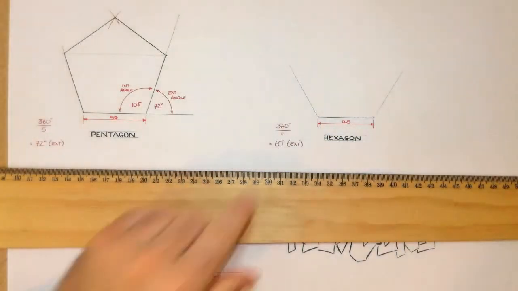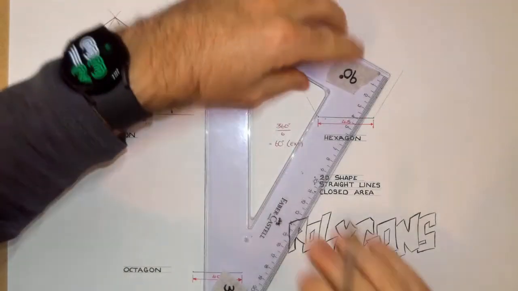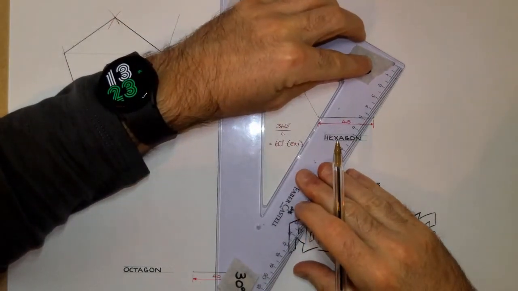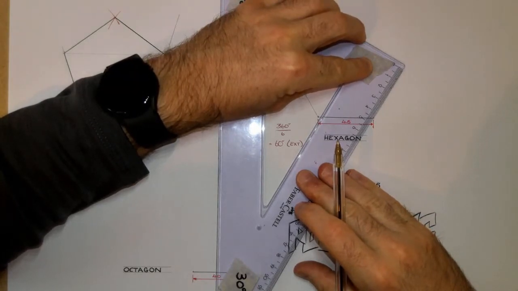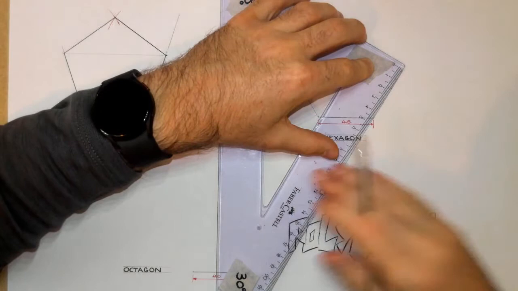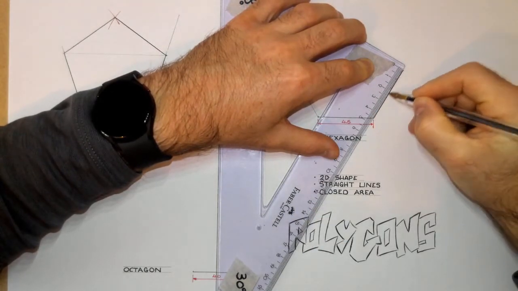And what I'm going to do now is measure out a distance of 45 millimeters. So measuring 45, so I measure 45 back to 0, right there. I'll heavy that in.